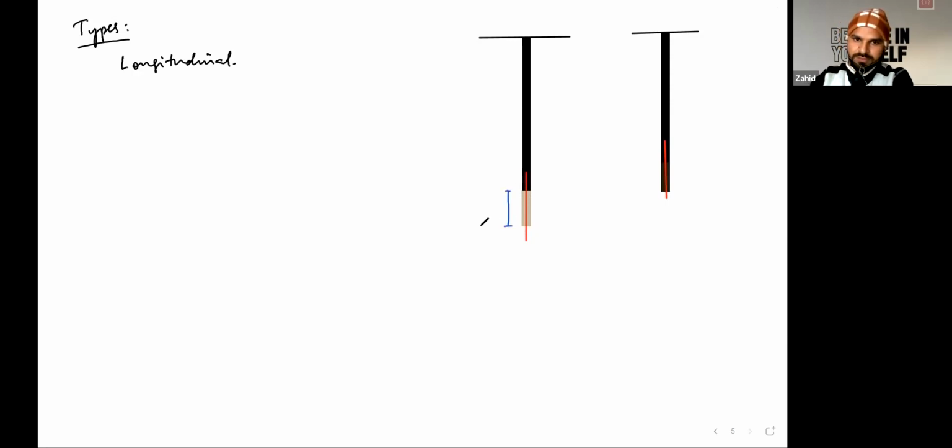So deformation is along this direction. Original length of object is from this point to this point, and deforming force is this. In the second part, deforming force is applied to compress it, such that deformation is from this point to this point, let's say delta L, and original length is from this point to this point.